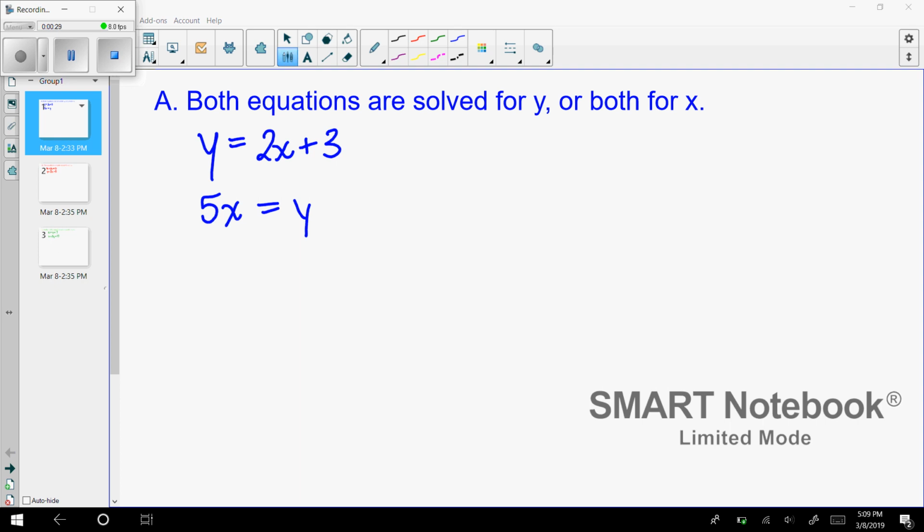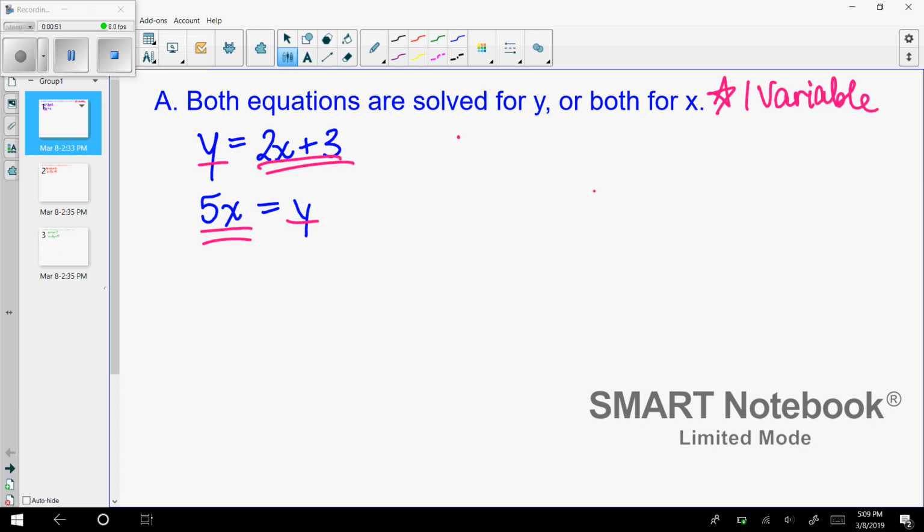for x. So the point is each equation is giving you one variable. We're not getting x and y, we're not messing with that. So here I have y and y given to me by each of my equations. I first have y equals 2x plus 3, and then I have y equals 5x.